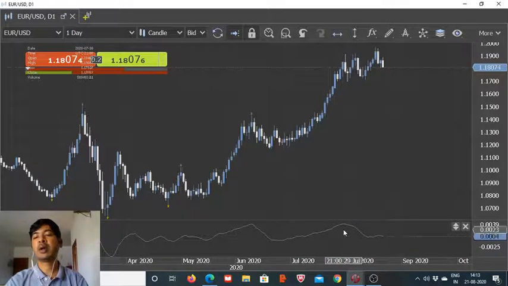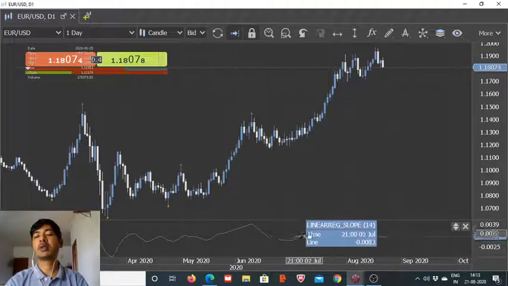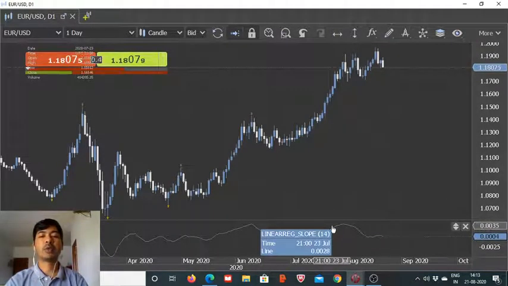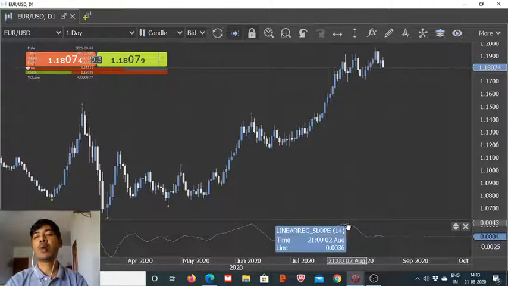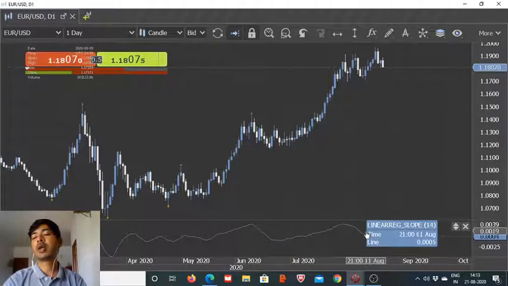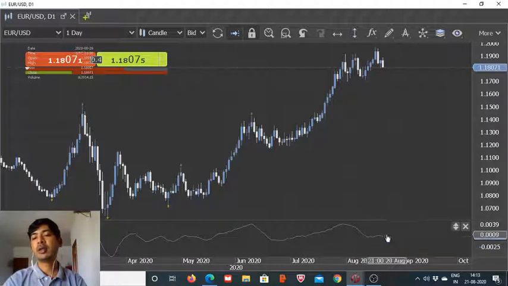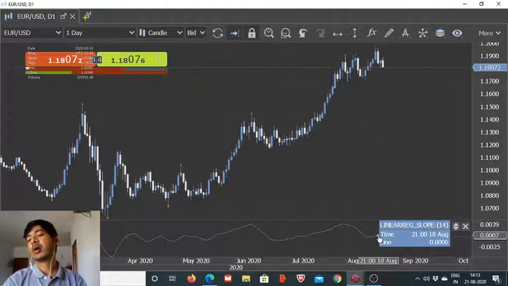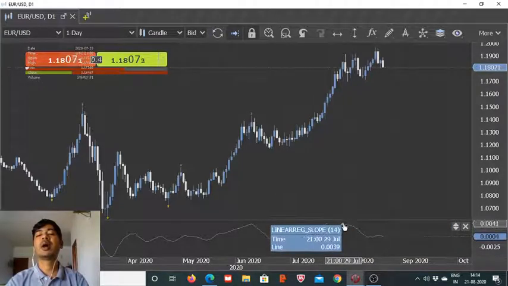So after showing a robust rise over the last 2 to 3 months, we saw that after this consolidation began somewhere in the first week of this month, the linear regression slope is showing a decline, but still it is in the positive territory only. That kind of indicates that the bearish momentum is not strong, but the upward movement has almost vanished.